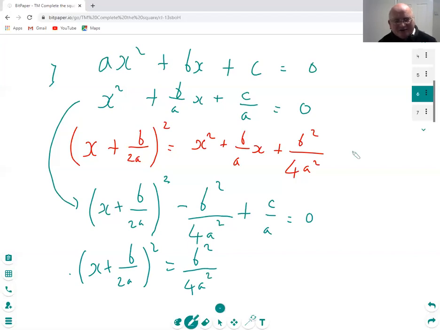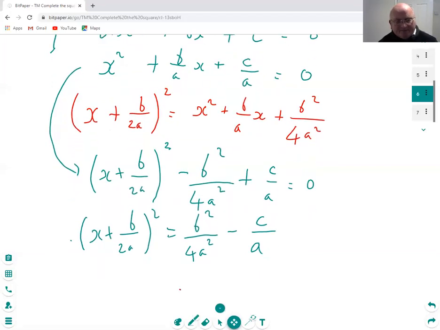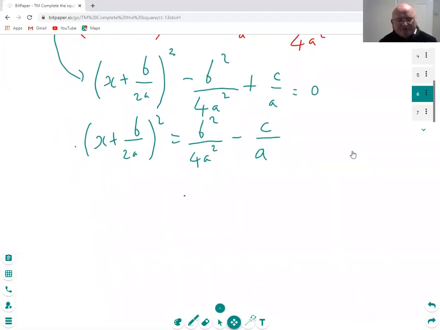And then we're going to take this from both sides, so it disappears from that side, and on this side it appears as c over a. Okay, so all I've done there is rearrange it, move the terms that aren't part of this square onto the other side. Let me move it up a little bit, give myself a bit of space.